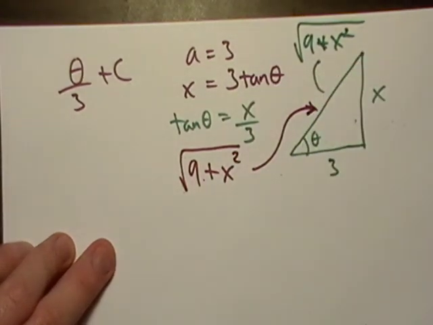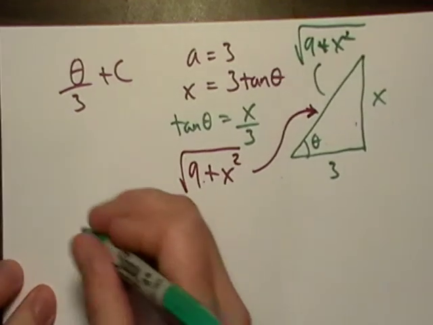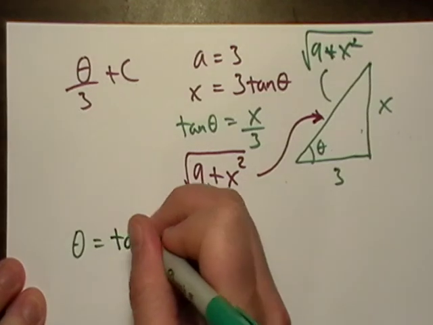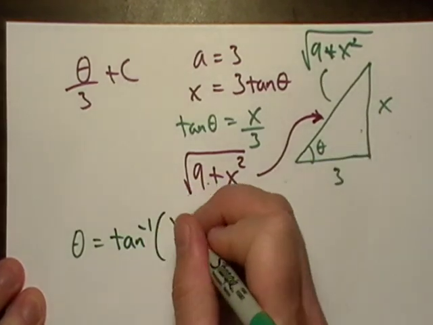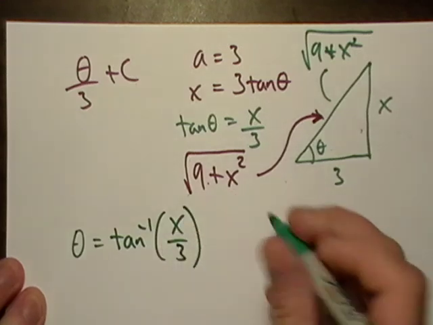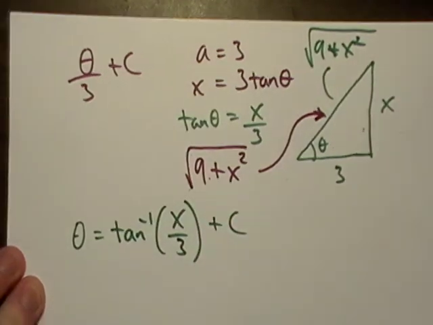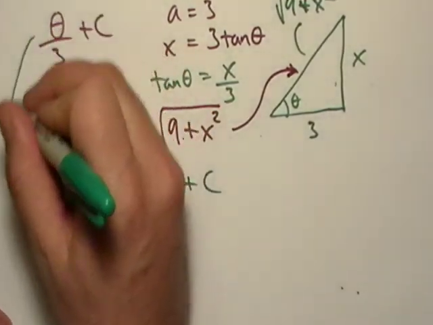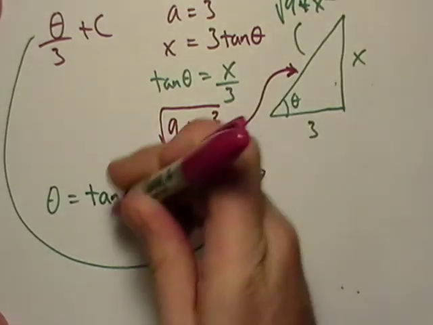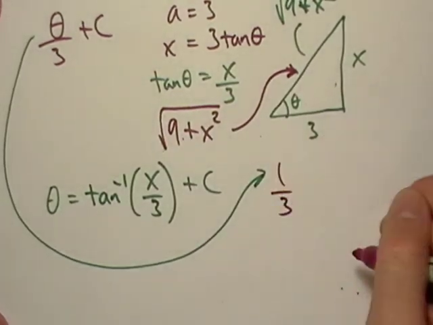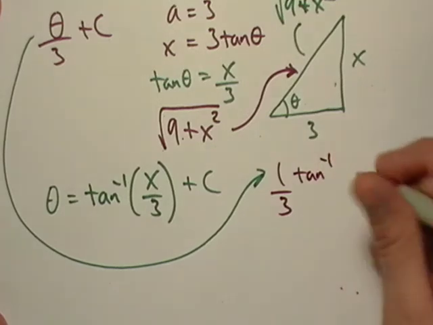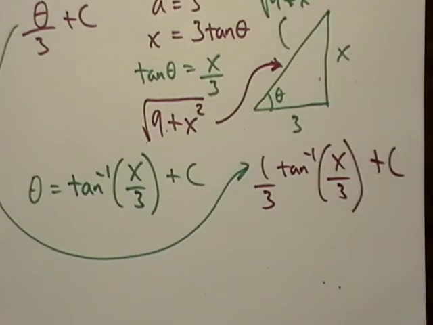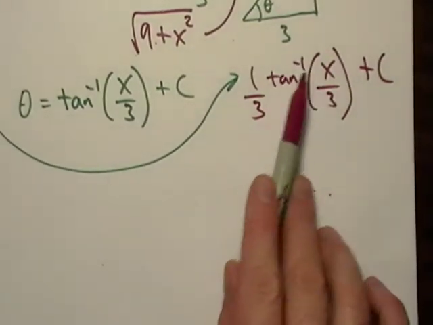So theta is equal to the inverse tangent of x over 3 plus c. So we can go ahead and say that our antiderivative, right up here, I'm going to rewrite this over here, that's going to be 1/3 inverse tangent of x over 3 plus c. Alright, so that's the answer right there.